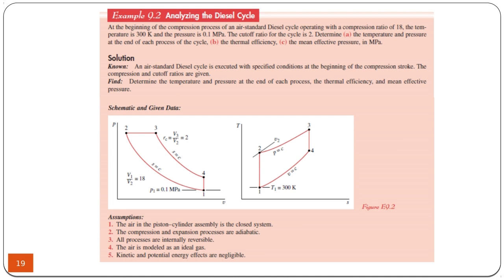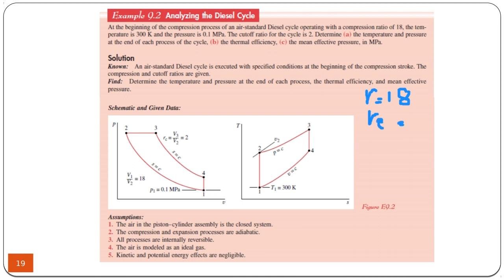In this diesel cycle, the compression ratio R is 18. The cutoff ratio is 2.